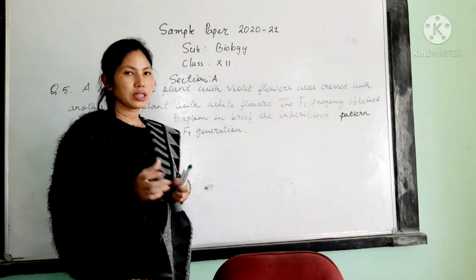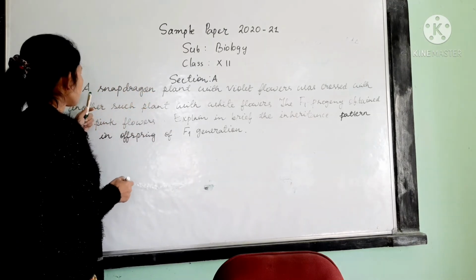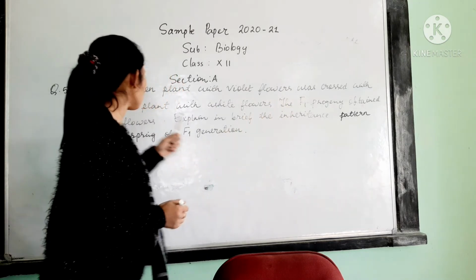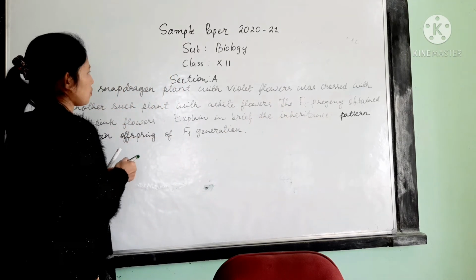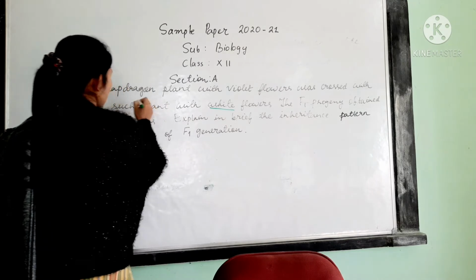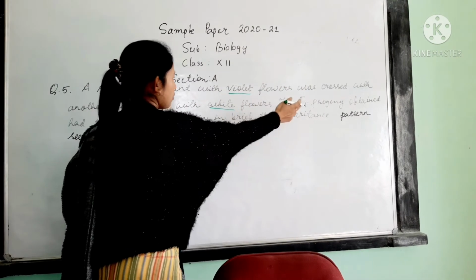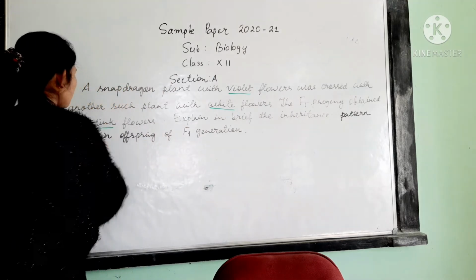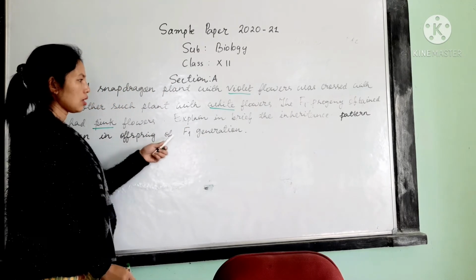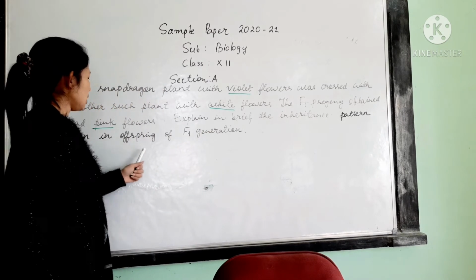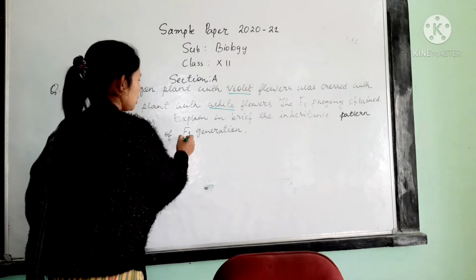Now our question is here, a snapdragon plant with violet flowers was crossed with another such plant with white flowers. Here the violet flower was crossed with white flower. The F1 progeny obtained is pink in color, right? Now the question is, explain in brief the inheritance pattern seen in offspring of F1 generation.